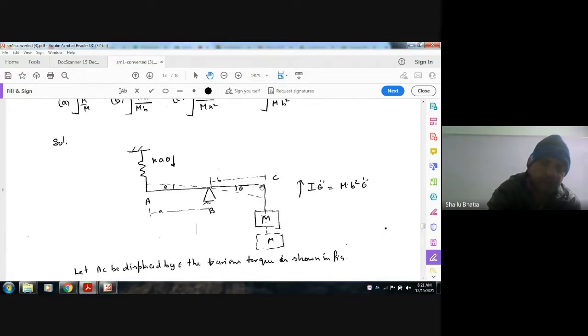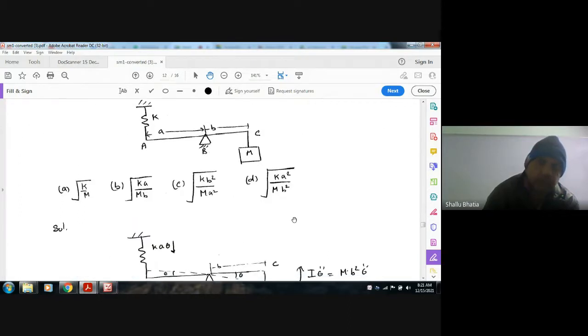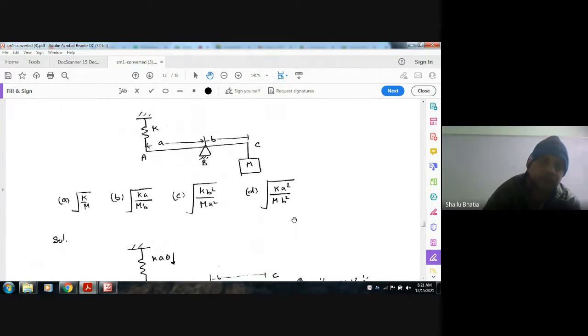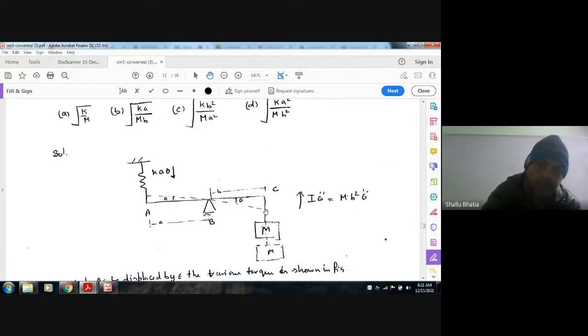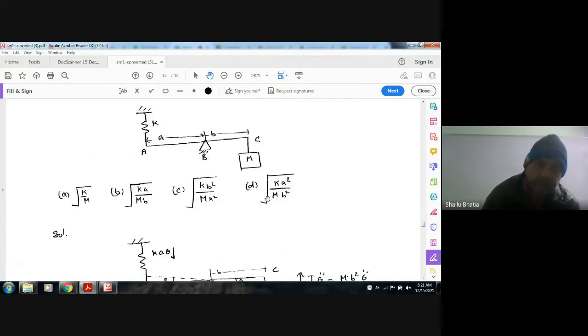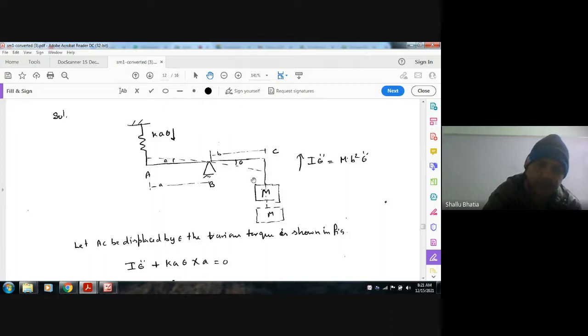Suppose I is the moment of inertia of this rod. Sorry, as the mass of this rod is zero, the moment of inertia of this rod is zero. Now the mass m is attached here, and it will create a moment of inertia about B. So the moment of inertia term about B will be m b square theta double dot.